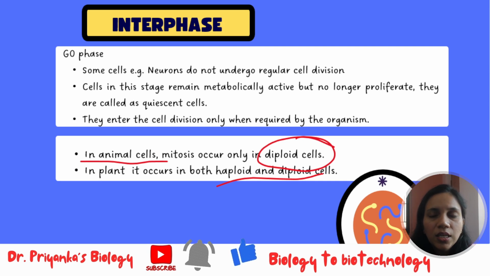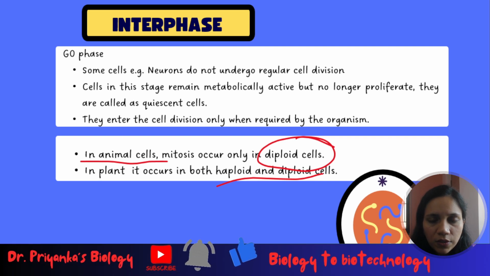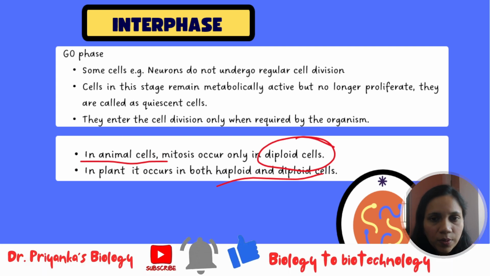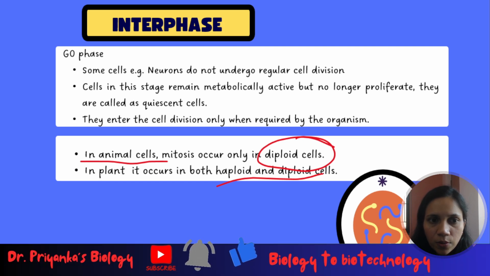The next part is S phase. In S phase there is actual replication of the DNA. There is doubling of the DNA, but not the chromosomes. Cytoplasmic increase is constant. Then the next part is G2, where the cell is preparing for mitosis.